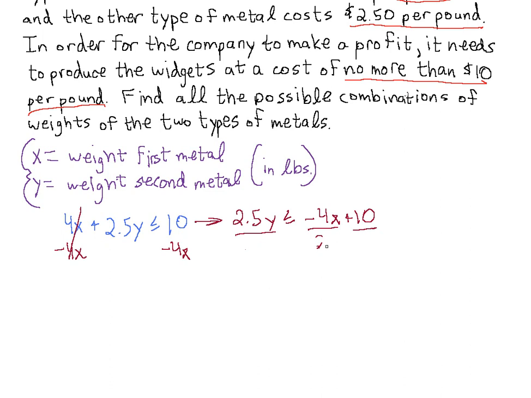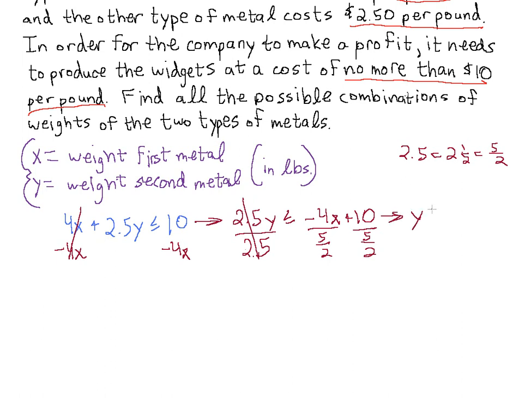I like dealing with fractions instead of decimals. So over to the side, to put 2.5 in improper fraction form, we have 2 times 2 is 4, plus 1 is 5. So we can convert this to 5 halves. While we're dividing by 2.5 here, we're going to divide by 5 over 2 over here. We're just dividing all three terms by the same term.